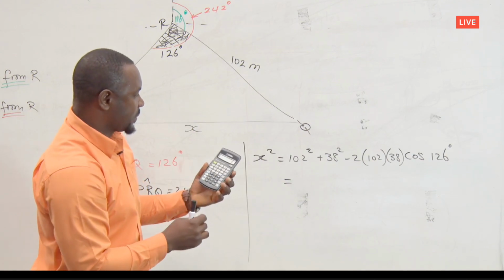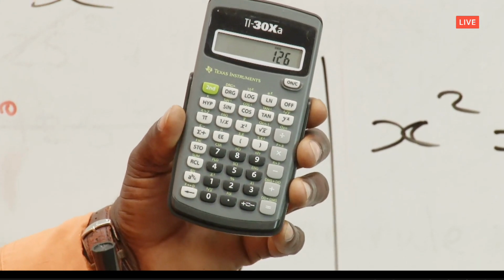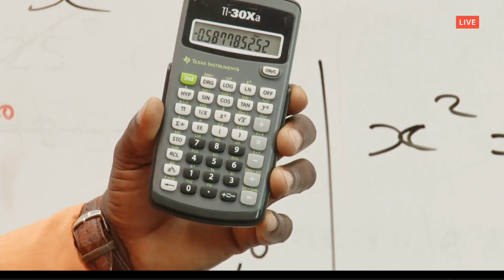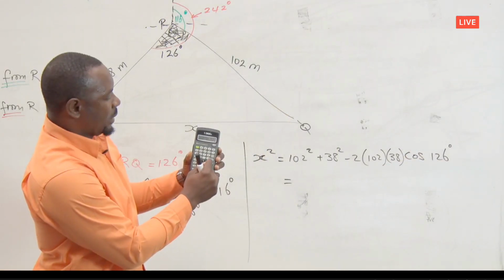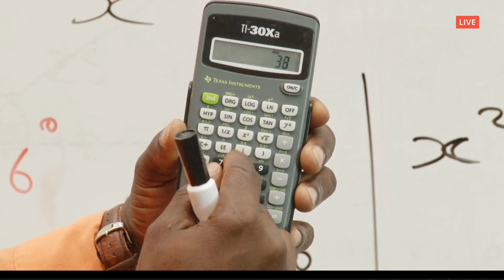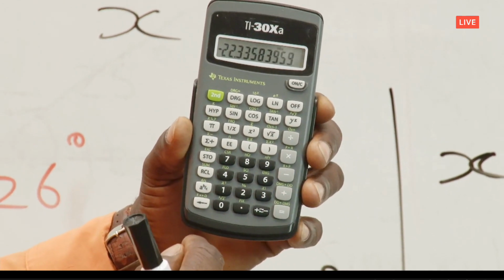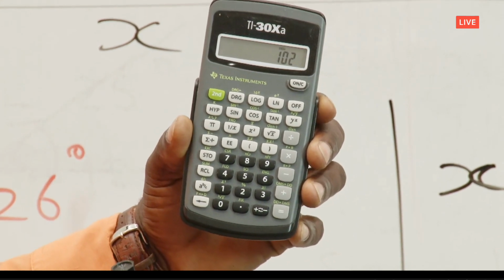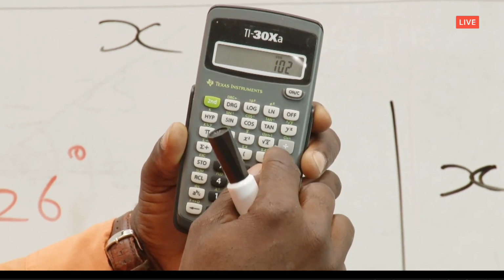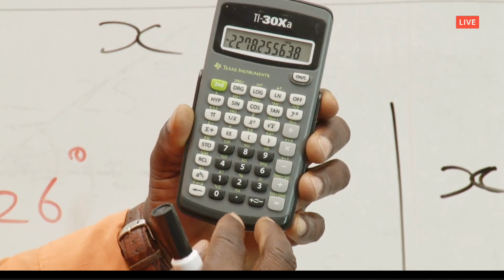Now, let's see what happens. So 126 cos, I get that as my result. Then I'm going to multiply this by 38, also multiply by 102, then multiply by minus 2.